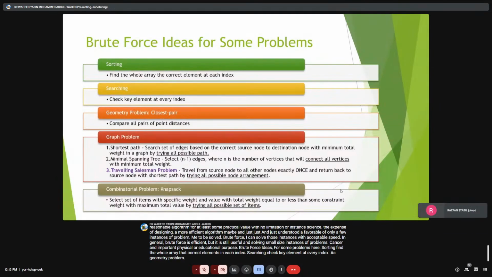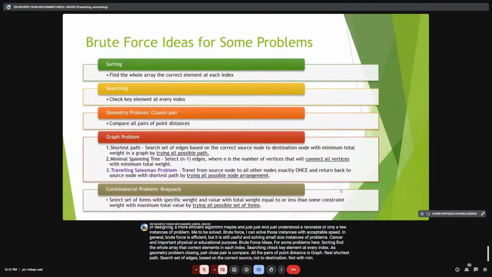A geometry problem, closest pair, means compare all the pairs of point distances. Graph, shortest path: search a set of edges based on the correct source node to destination node with minimum total weight in the graph by trying all possible paths.